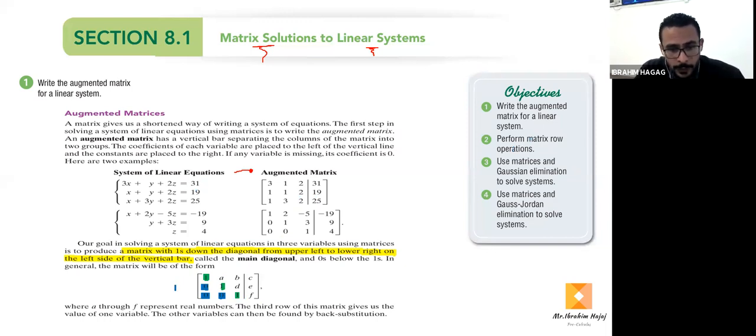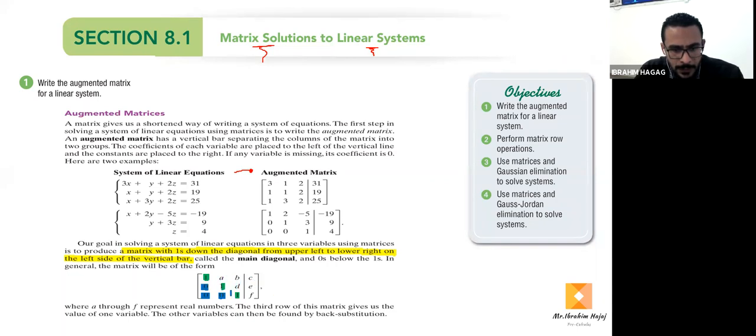You should follow the order: make the one in the first column, and then convert all elements under this one to zeros, and then make the other one in the second column, second row in the middle here. It should be 1, and then convert the element below it to 0, and then make the last element in the third column, third row, equal to 1, and then you're going to get the solution.